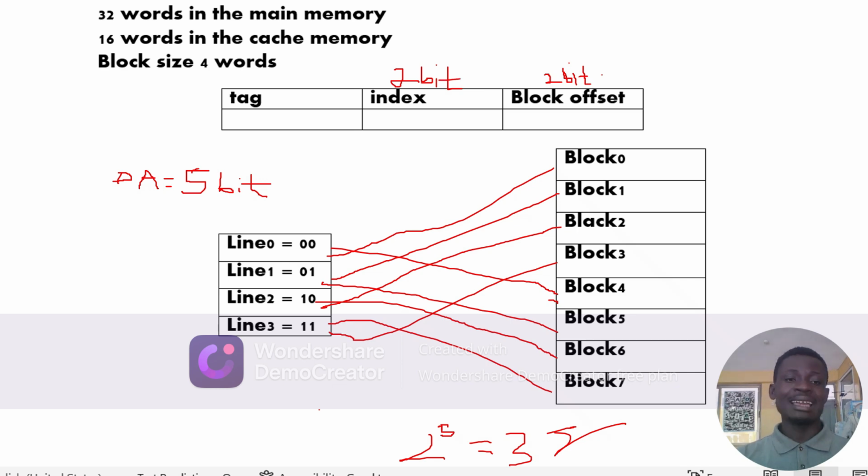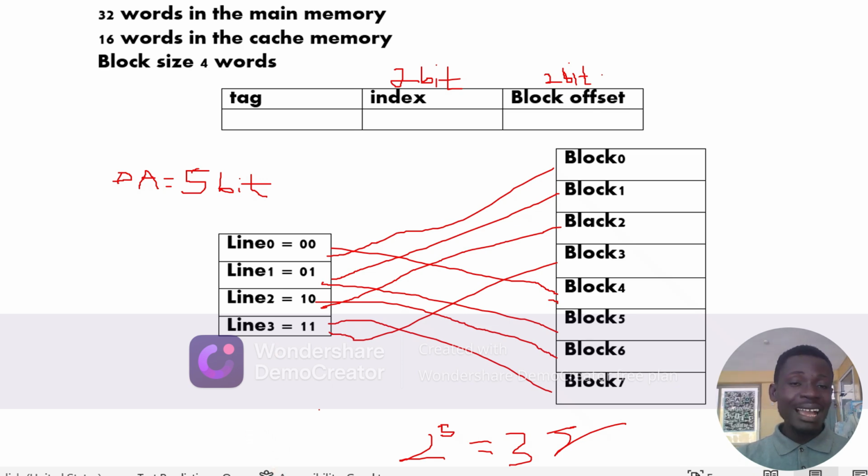So we are left with the tag. The total number of bits here is 5, so we add these two and subtract from 5. It is left with 1.